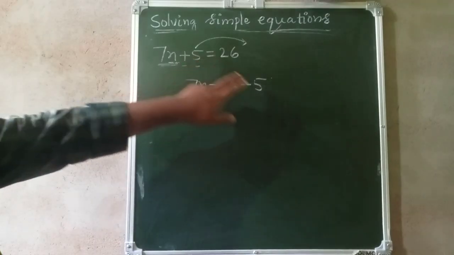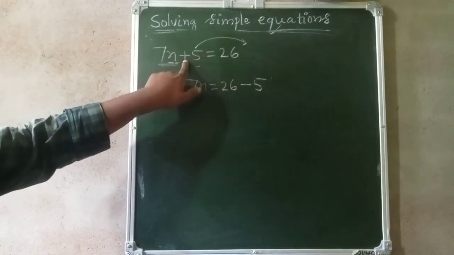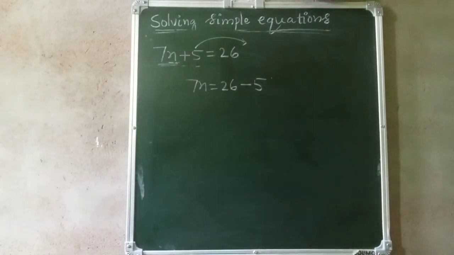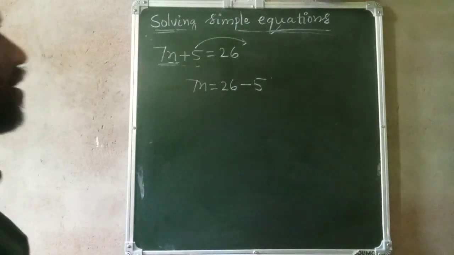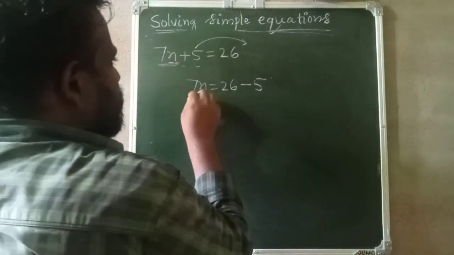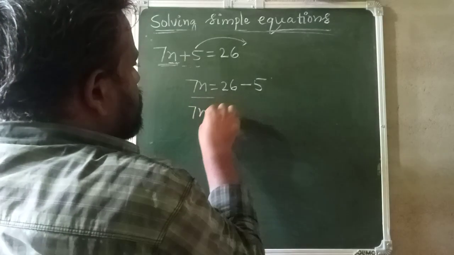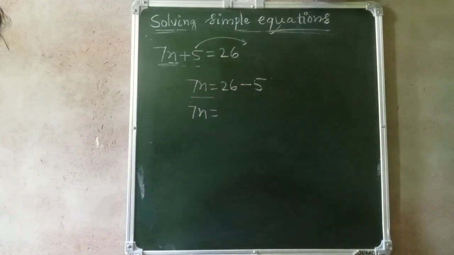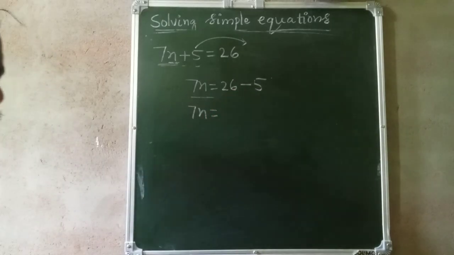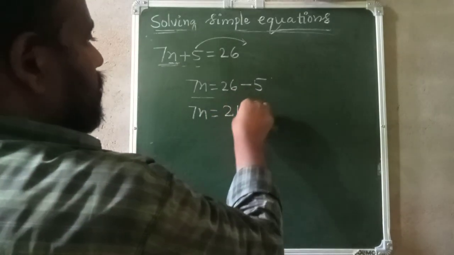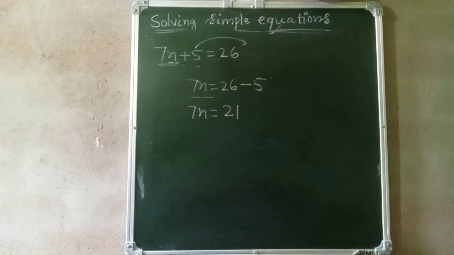That means 5 is the same, plus changes to minus, because this plus 5 is moving to the other side. So next step, whatever is there, write that: 7n is equal to, now 26 minus 5 is what? 21.